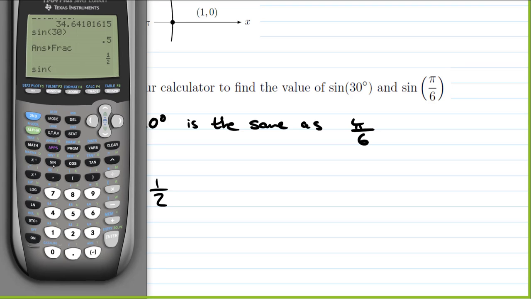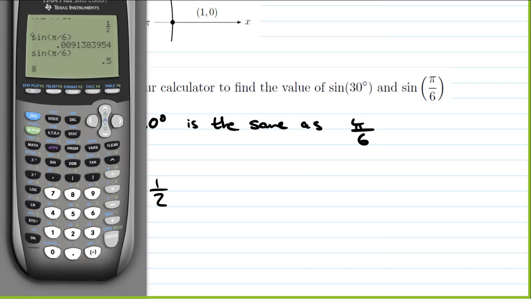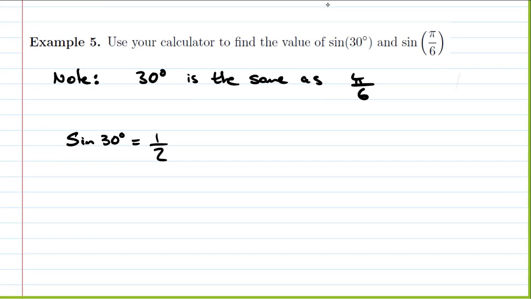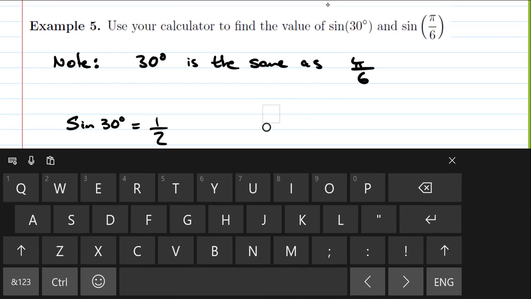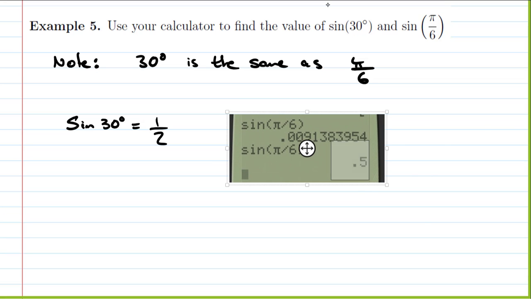If I just try to directly take the sine of pi divided by 6, I'm going to get this, which is not the correct answer, because pi over 6 is measured in radians. So I convert back into radian mode by pressing mode, going down to radians, and now if I take the sine of pi over 6, which we know is the same as 30 degrees, we get the same value that we got when we did just the sine of 30 degrees.